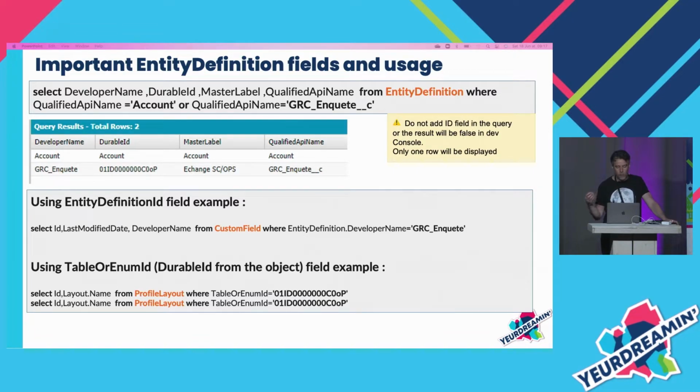What was difficult for me when I started was what a TableEnumOrId is and where I can get it. Once you're used to it, it's very easy, but you need to figure out how it works. That's why I'm really insisting on this slide. It's really the key feature of the Tooling API. As soon as you start to understand this, you can do almost whatever you want within the Tooling API with so-called queries.